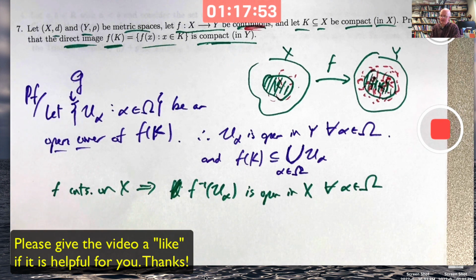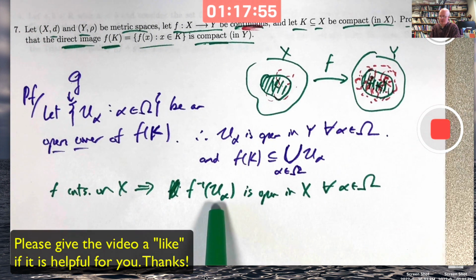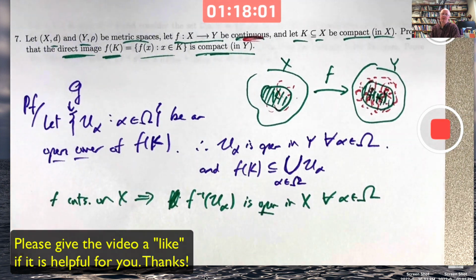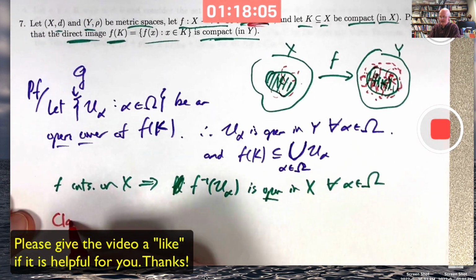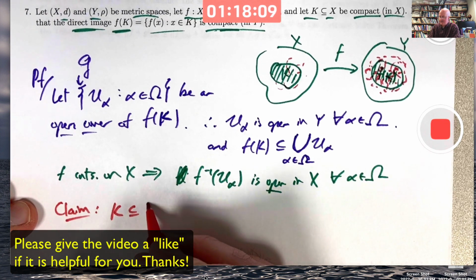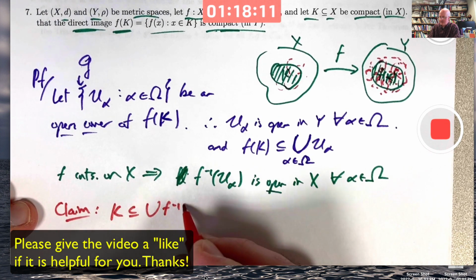We claim that the collection of all such preimages forms an open cover of K. They're certainly all open sets. Do they cover K? Claim: K is a subset of the union of these preimages.